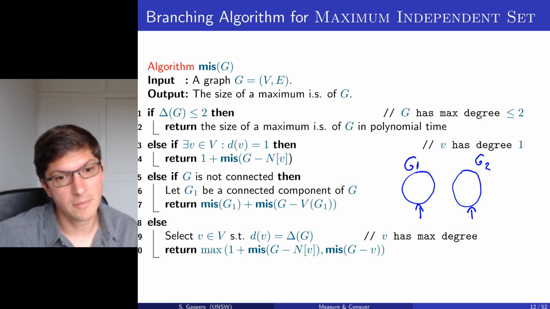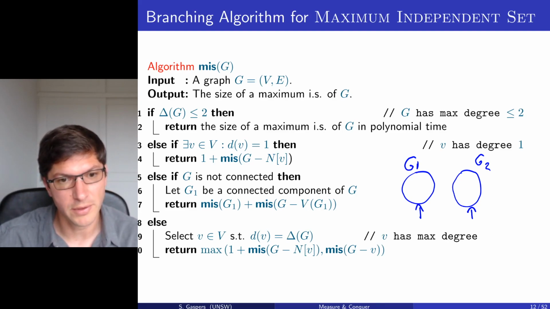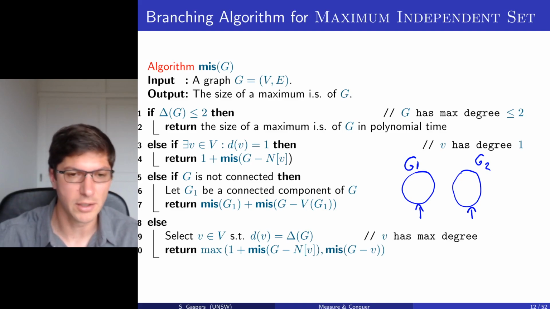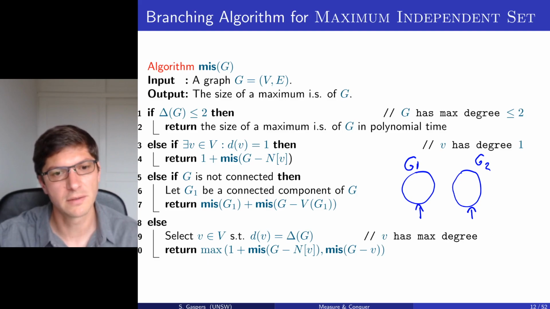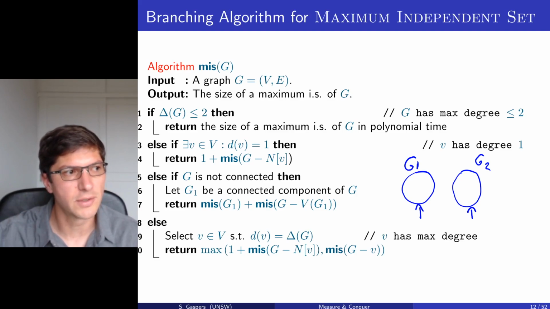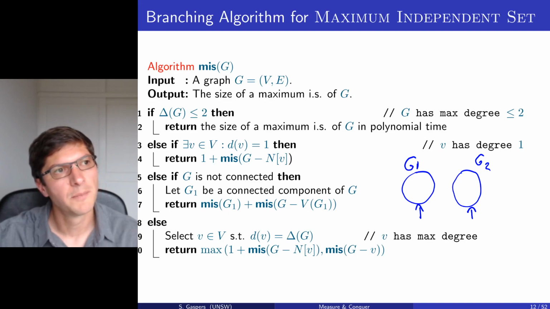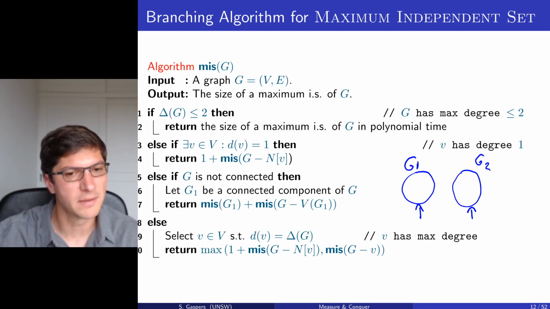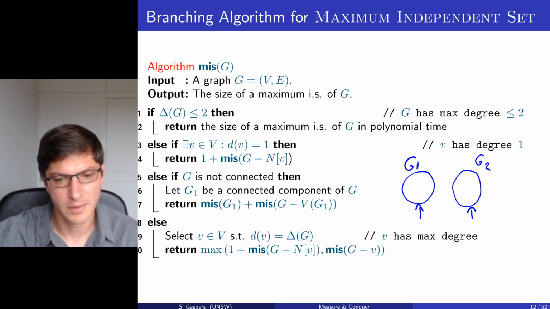Otherwise, the algorithm selects a vertex with largest degree in the graph, and it just does a select-discard branching. So either it puts this vertex into the independent set. If it does that, then it deletes this vertex and all its neighbors and computes the size of the largest independent set in the remaining graph.